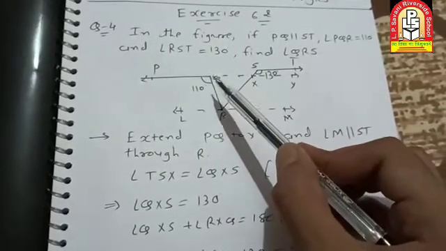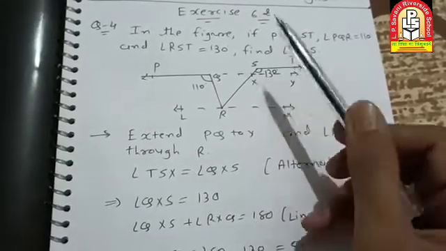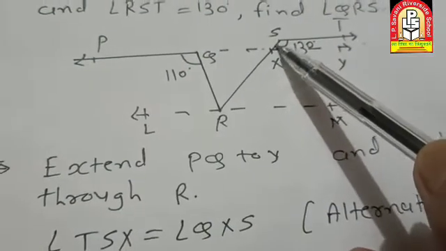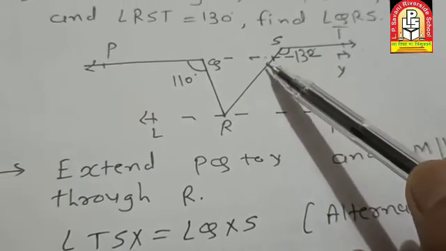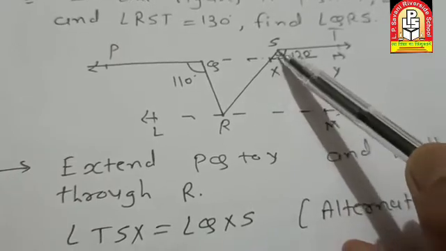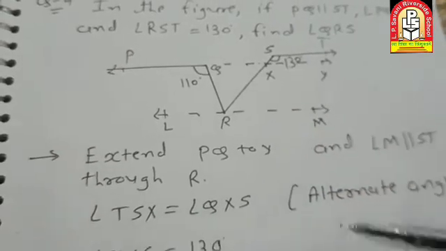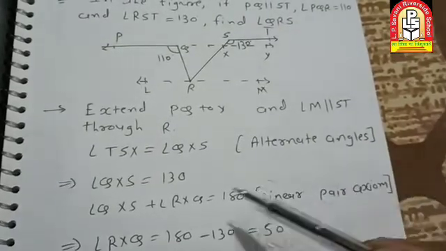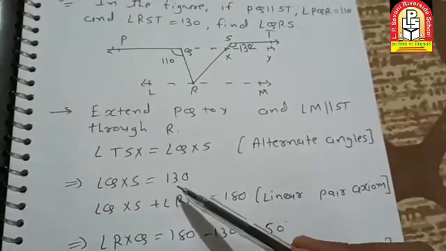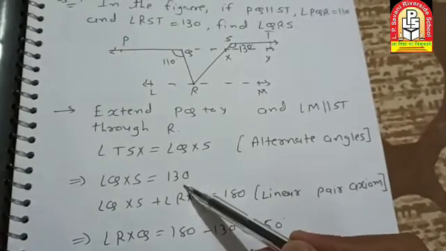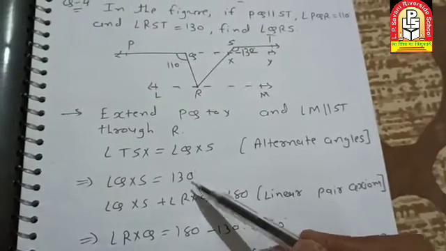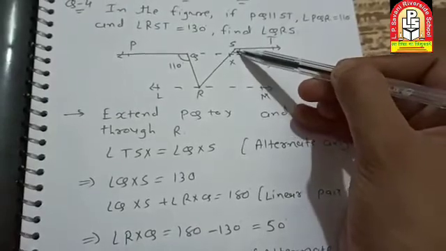angle and the angle QXS, these two tiny angles, I just focus on that. This small angle and this small angle are the same because they are alternate angles. QXS is equal to 130, because this angle is also 130.